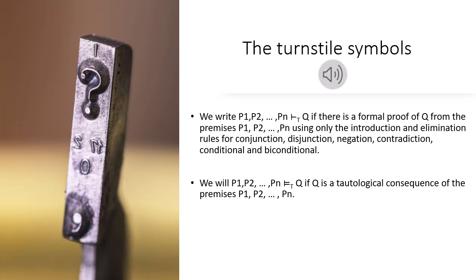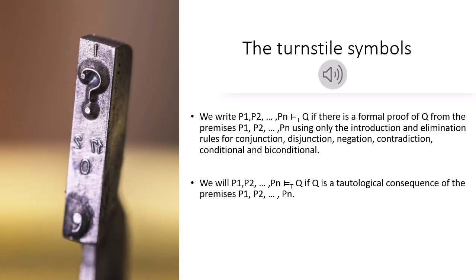So here we'll write the sequence of premises, P1, P2, all the way to Pn. Then we put the turnstile with that single horizontal bar there in the T. And then finally we write down that letter Q, provided that there is a formal proof of Q from those premises, P1 through Pn, using only the introduction and elimination rules for conjunction, disjunction, negation, contradiction, conditional, and biconditional.